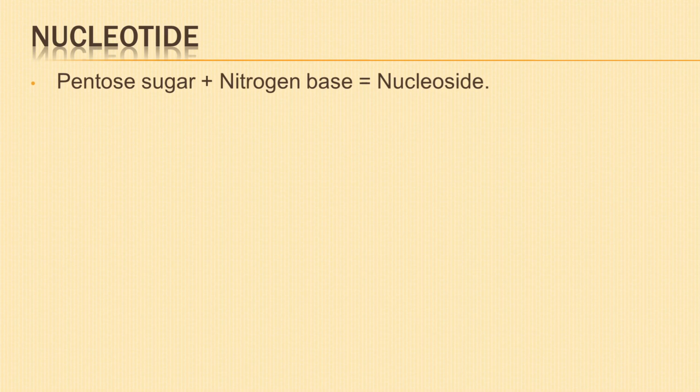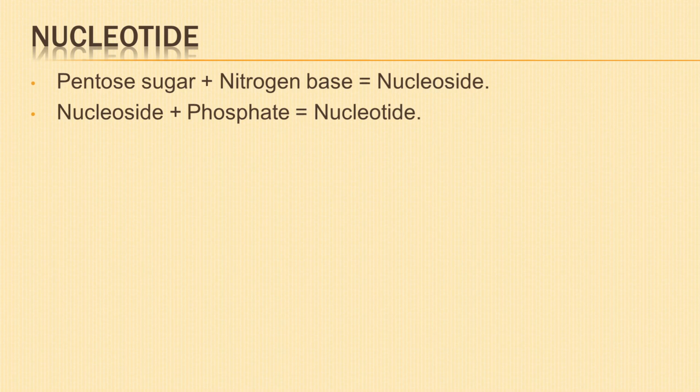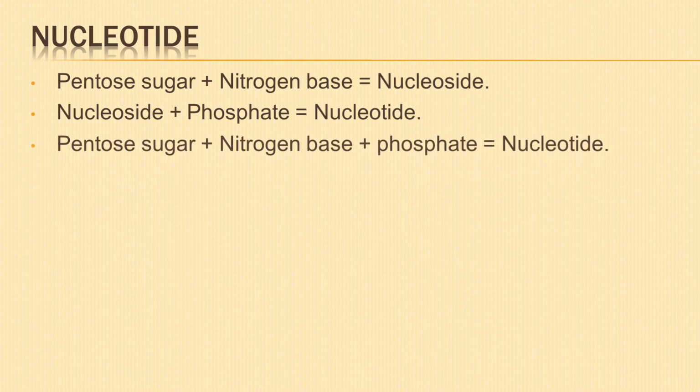A combination of pentose sugar and a purine or pyrimidine base is termed as nucleoside. A combination of nucleoside and phosphate is called nucleotide. That is, pentose sugar, nitrogen base, and phosphate together form the nucleotide.